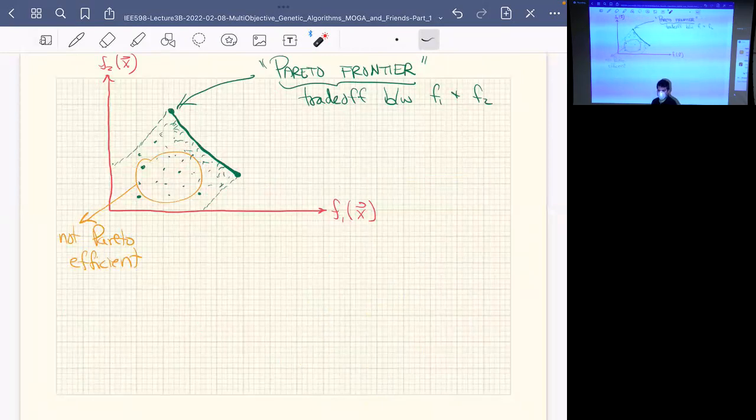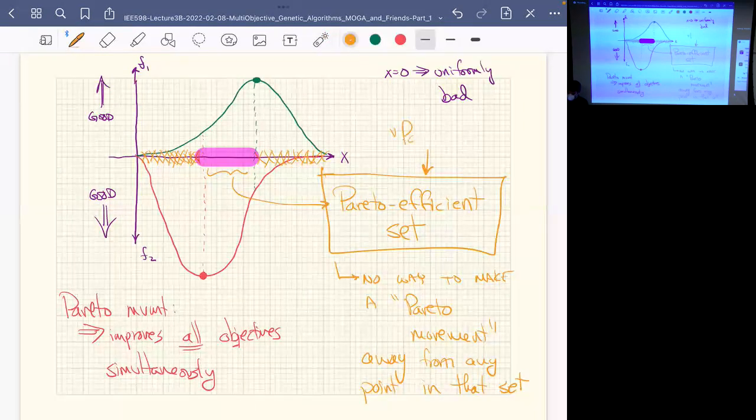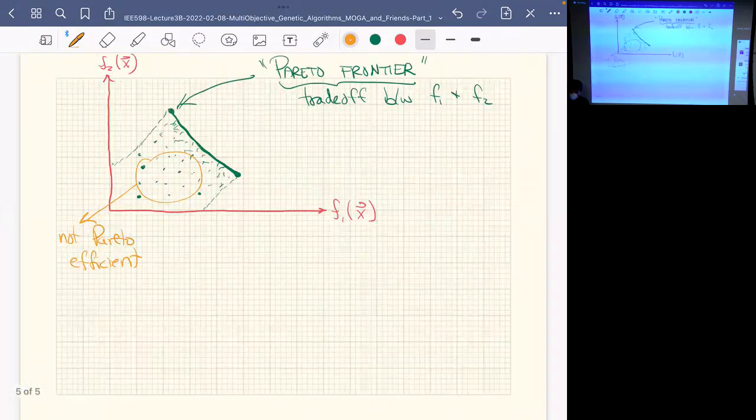Okay. All right, does that make sense? It's the image of the Pareto set, or the Pareto efficient set. I would say that sometimes we do call this the Pareto set, just to be concise, just like sometimes I call this Pareto Frontier, but it's also known as the Pareto Optimal Frontier.